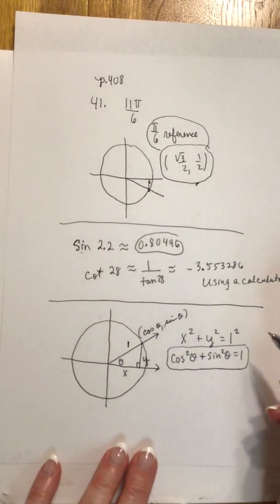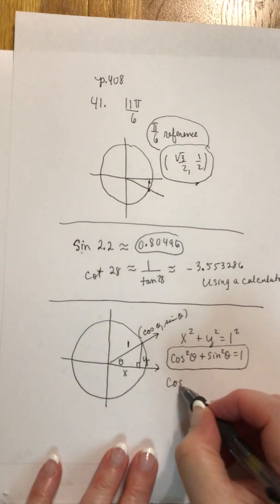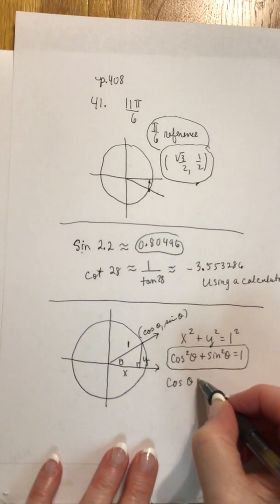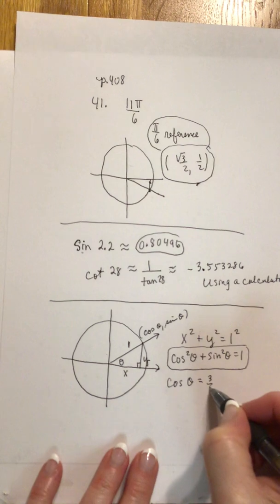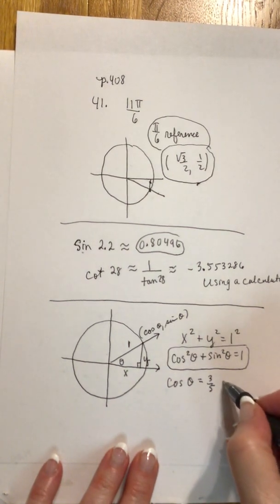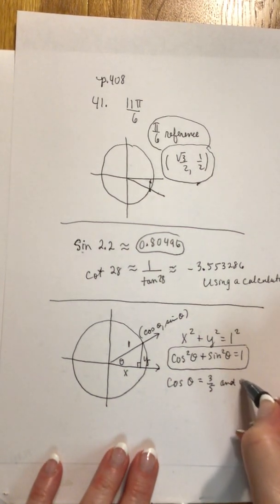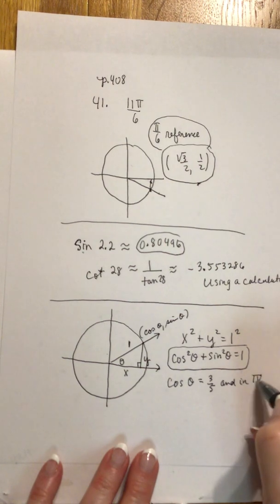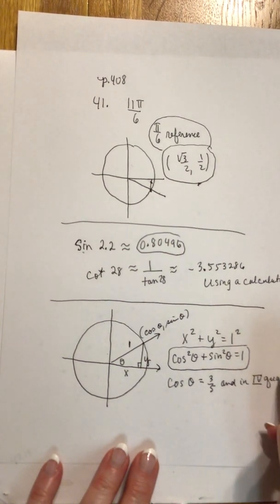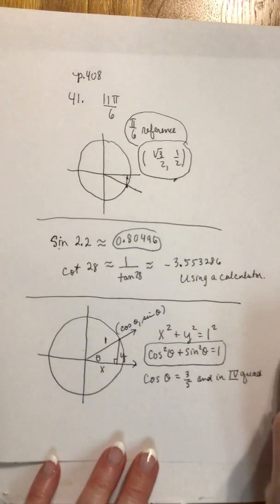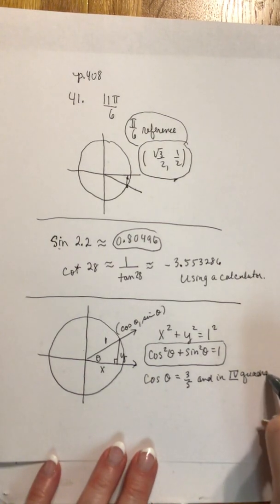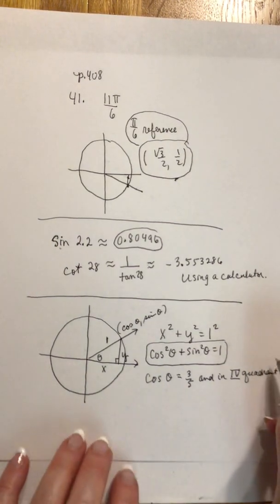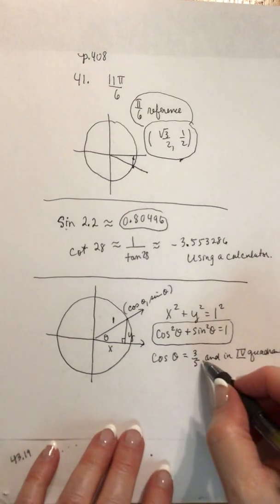So let's say that I have cosine theta is equal to 3 over 5, and it's in the 4th quadrant. Then it's going to ask me to find the sine.